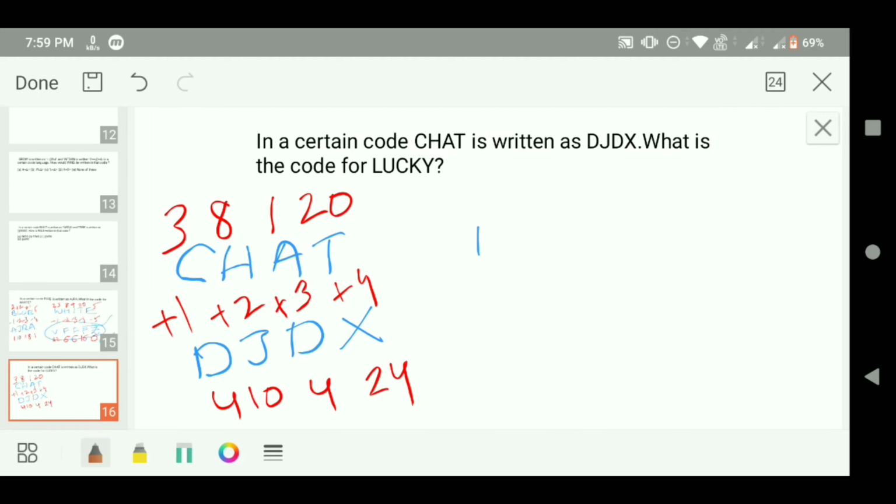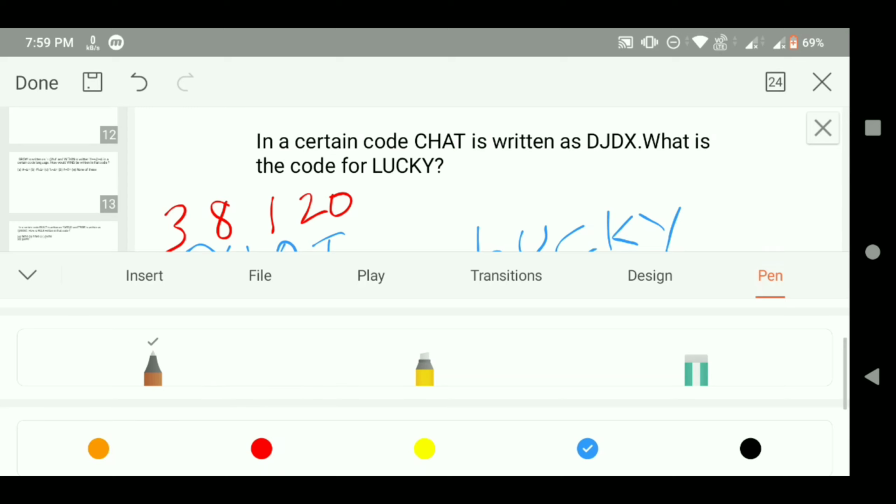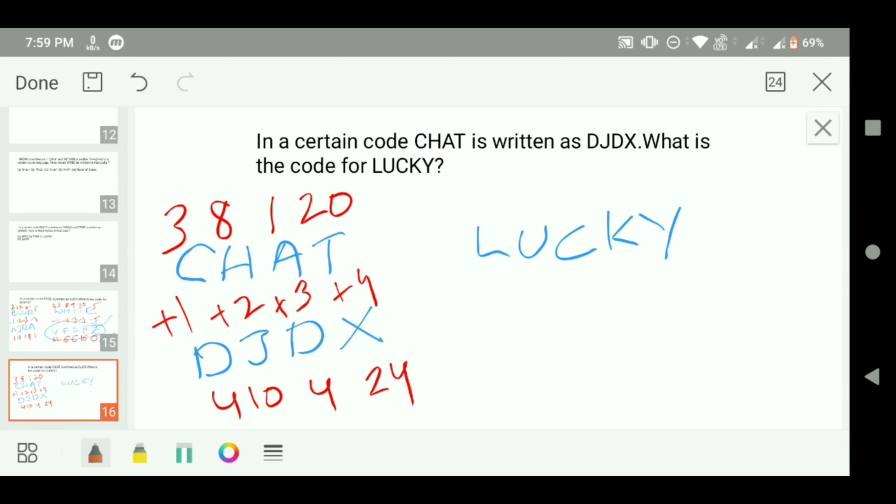And in the same way, we need to check for LUCKY. The number position for L will be 12. And U will be 21, and C will be 3, and K will be 11, and Y will be 25. And here in the same way we need to add plus 1, plus 2, plus 3, plus 4, and plus 5.